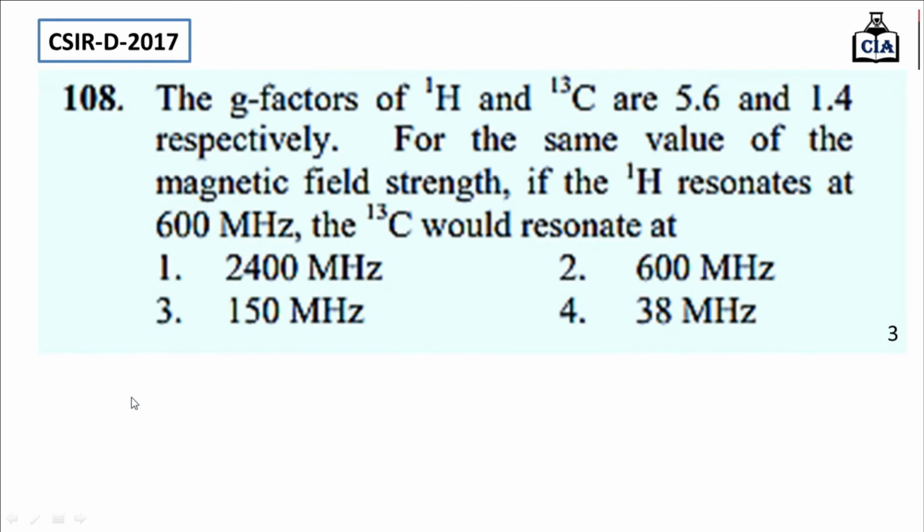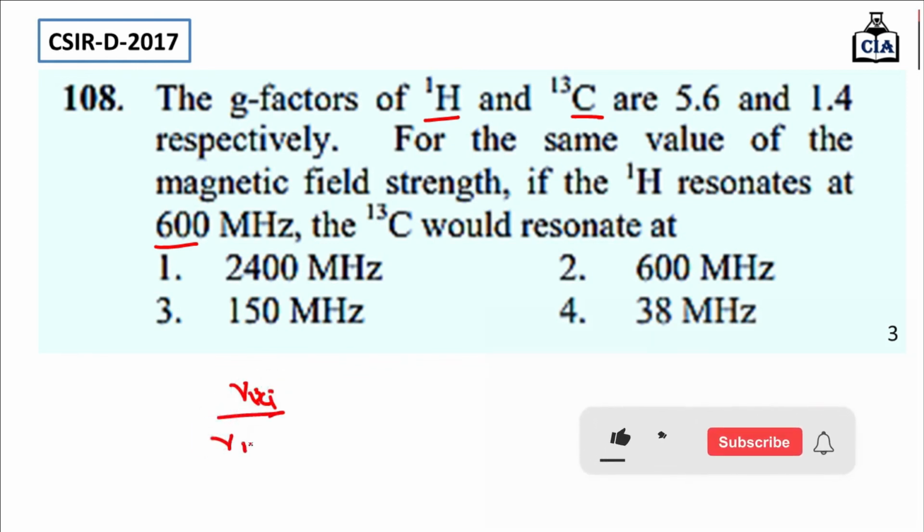Now next question from CSIR December 2017. In this question we have to find the resonance frequency for the carbon 13 nuclei. They have given that the G factor for proton and the G factor for carbon are 5.6 and 1.4, and the proton resonates at a frequency of 600 megahertz. We know the relation: frequency of carbon 13 divided by frequency of proton is equal to the G factor of carbon 13 divided by the G factor for proton.